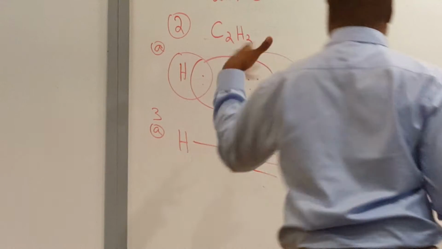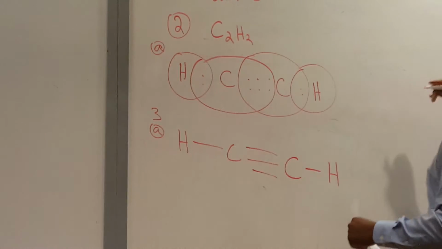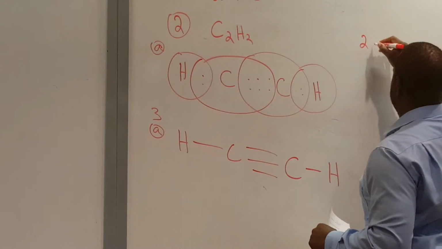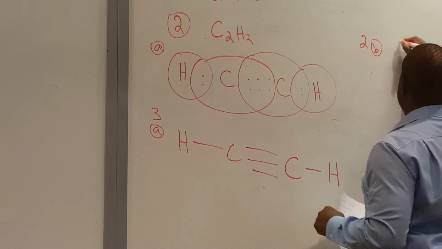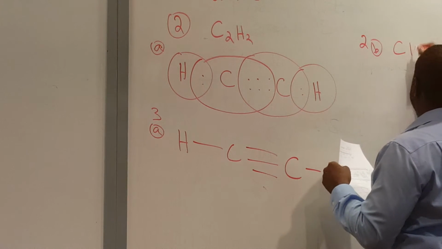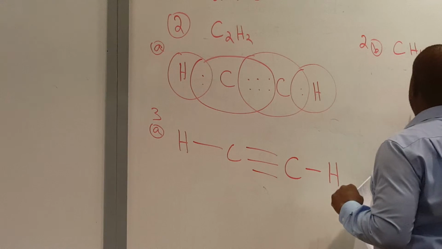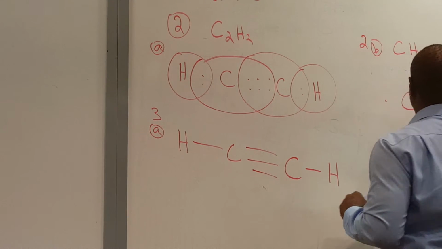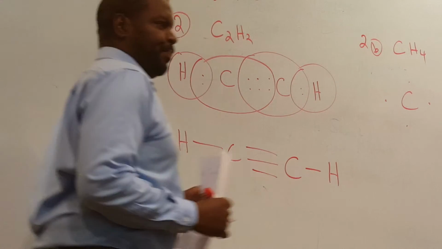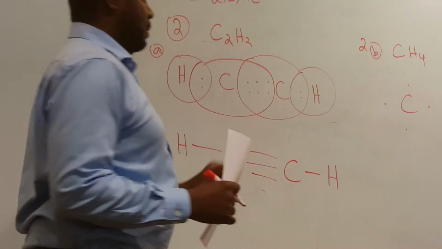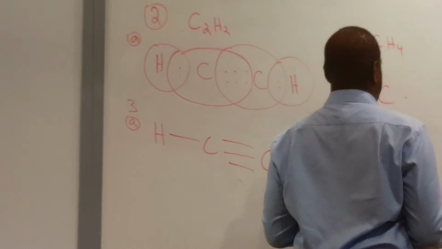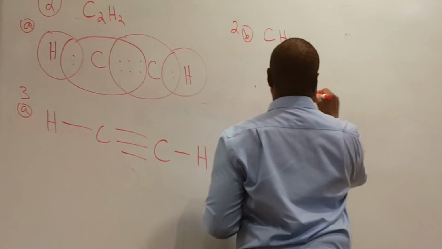CH4. For CH4, you can just do clockwise. So this is 2B. This is CH4. So you got 1, 2, 3, 4, right? Because it's group 4. Now I can draw my hydrogens in to bond with each of them.